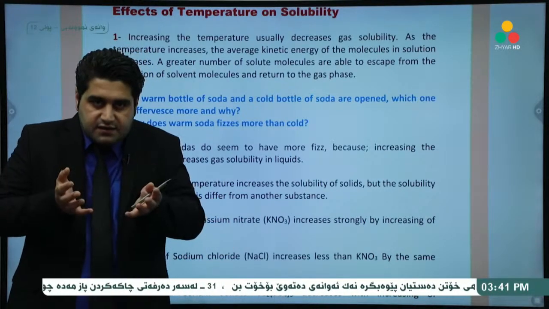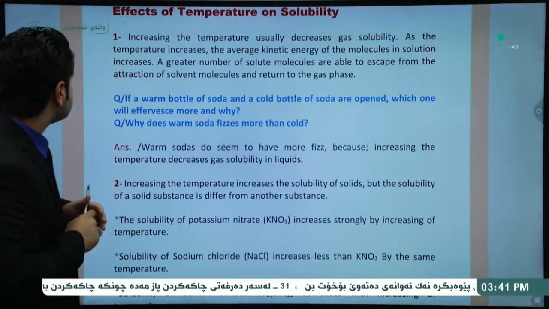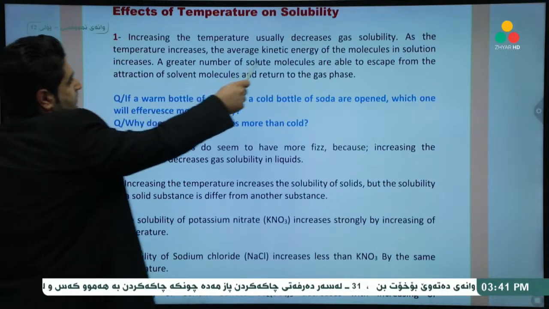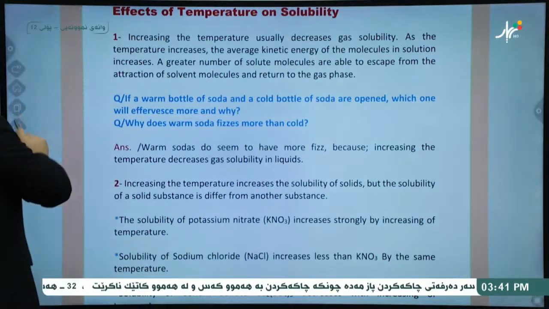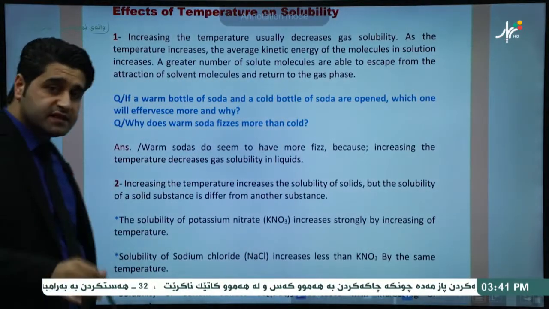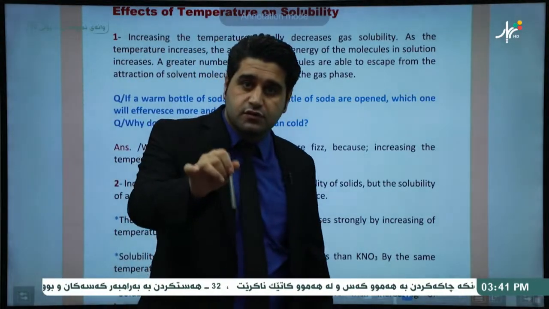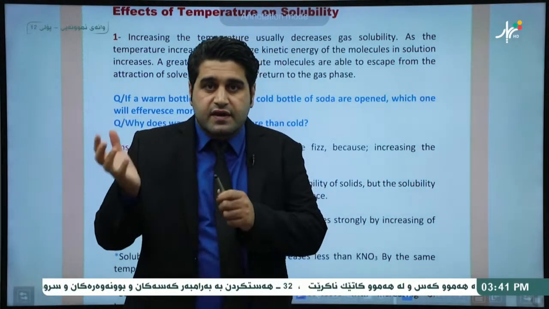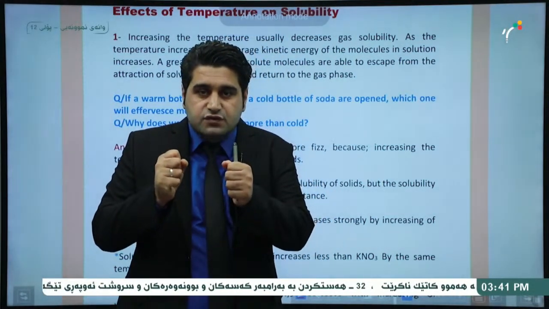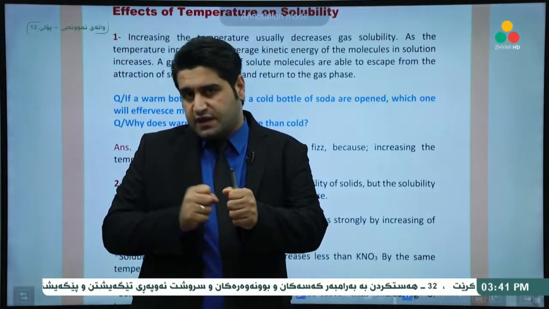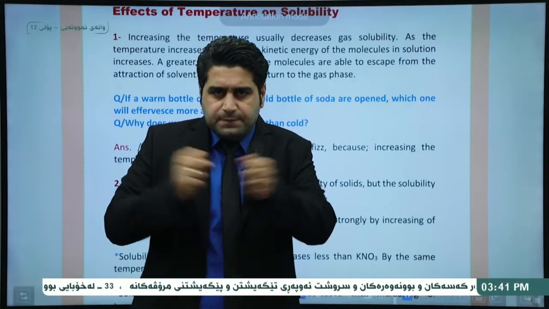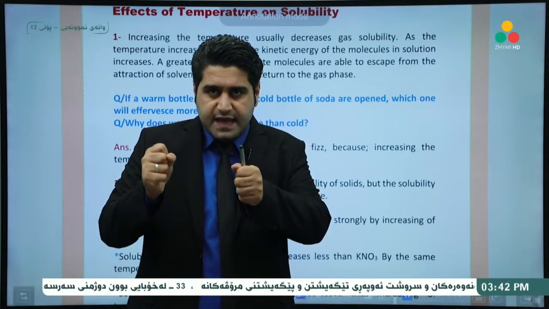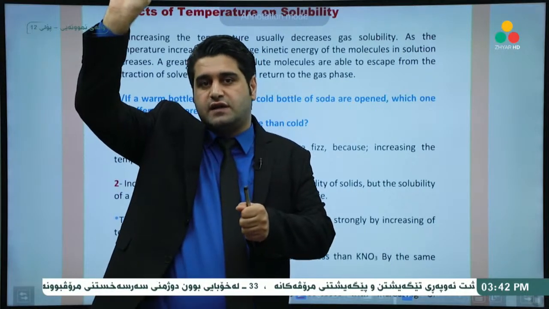That's why things begin to happen. Increasing the temperature usually decreases the solubility of gas. Why? When gas molecules enter the liquid, they are arrested by the attraction force of the solvent. If they begin moving fast, they can escape from this attraction force out of the liquid.